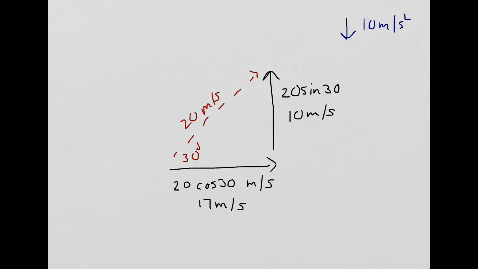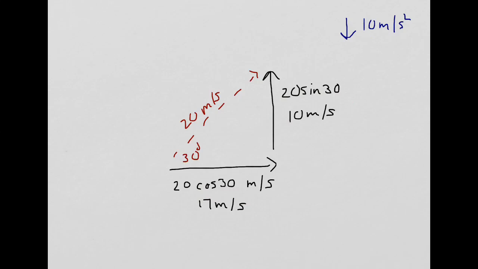Think of it as like if you roll a ball across the table, right? The ball is moving horizontally. Gravity isn't really affecting it because it's going horizontally, not in the direction of gravity.